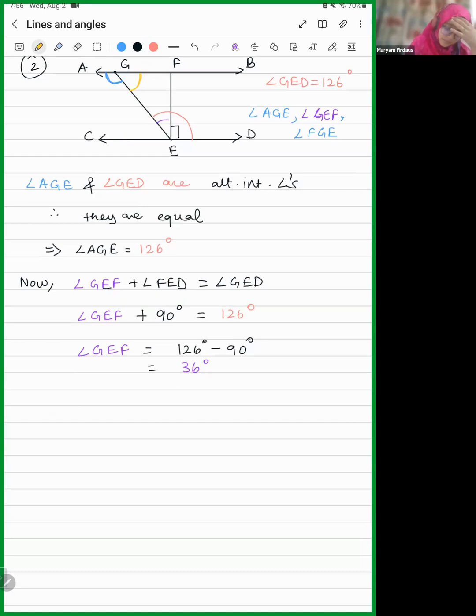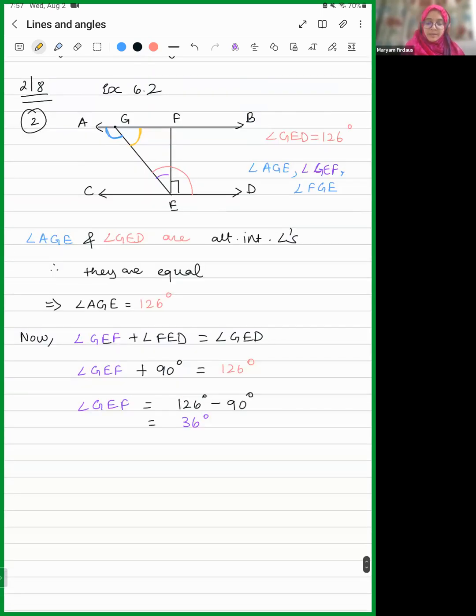Who will tell me? 90 plus 126 plus the angle we have to find is equal to 180. And why is that? Because angle BFE is also 90, because it's on the same line. Angle BFE, this one.